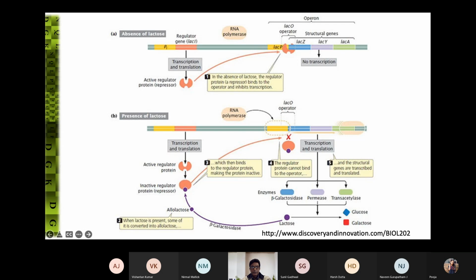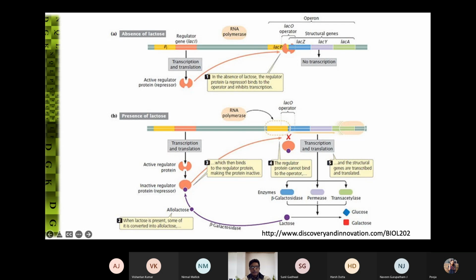So normally, to keep this lactose utilization blocked down, this inhibitor in the presence of glucose will actually be present, and it will be blocking this site, and you will require some kind of a signaling molecule, and in this case an allolactose, to come and remove this from the site so that this transition can take place.